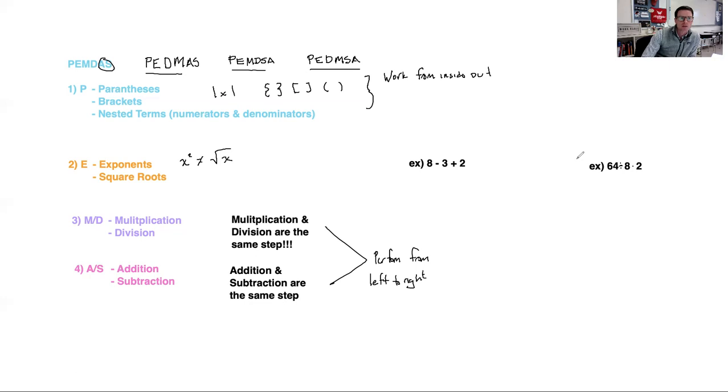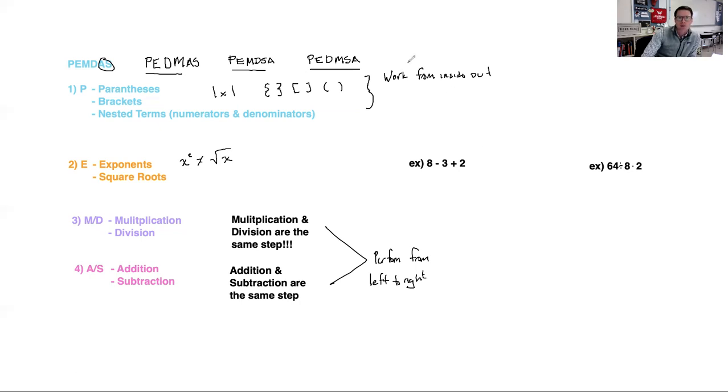Put yourselves in the shoes of somebody who only lives their life by PEMDAS, not sometimes PEDMAS, or sometimes PEMSA, or sometimes PEDMASA, right? See if you can put yourself in the shoes of a man who lives his life thinking it is always PEMDAS and come up with the common mistake answer. So pause it now, see if you can do that.